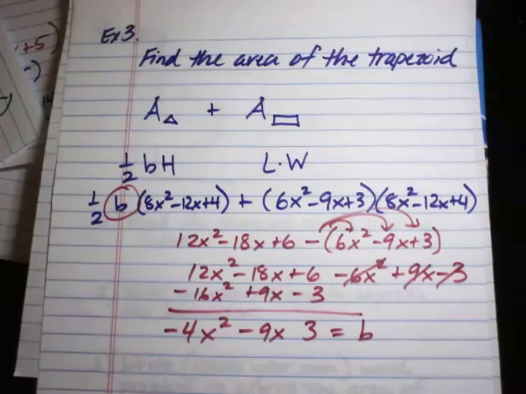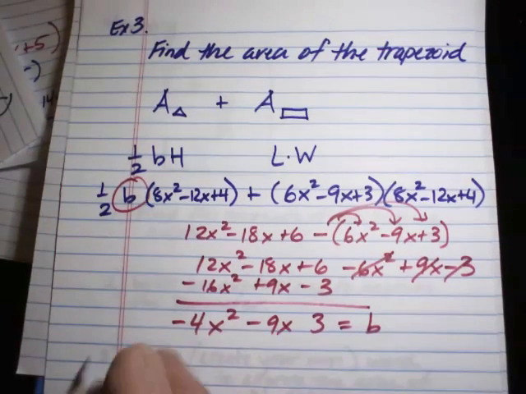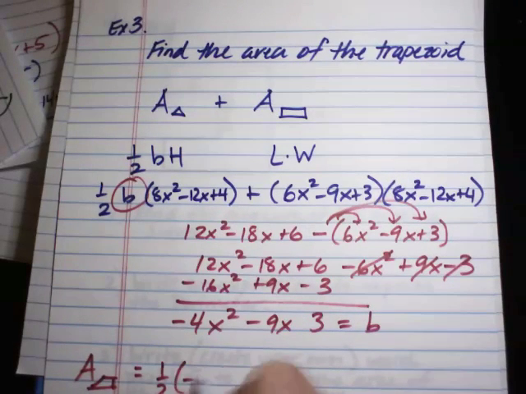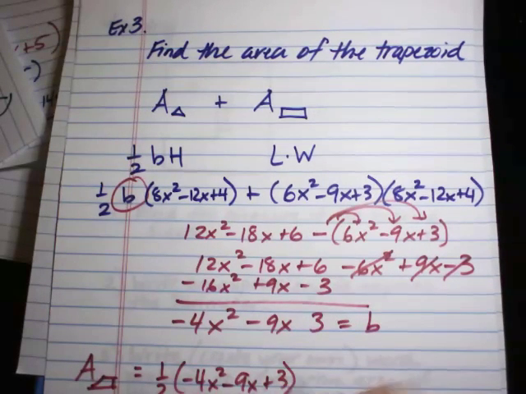So basically what we're going to do, if we just want to write an expression, is the area of the trapezoid, and you can draw in a trapezoid, is represented by 1/2 times this value, which is the base, times the height.